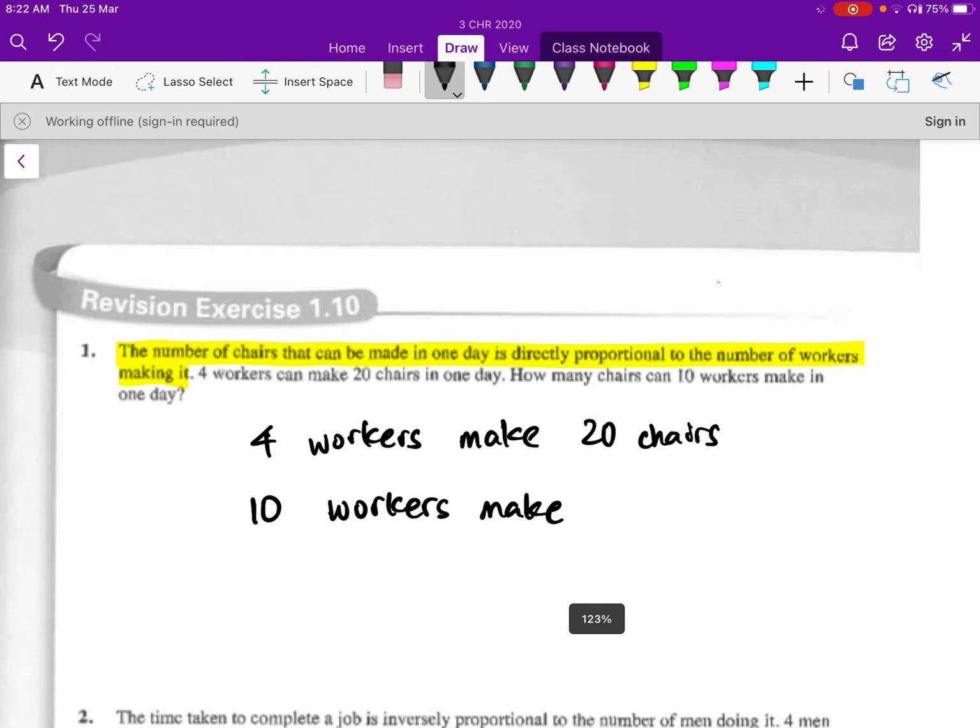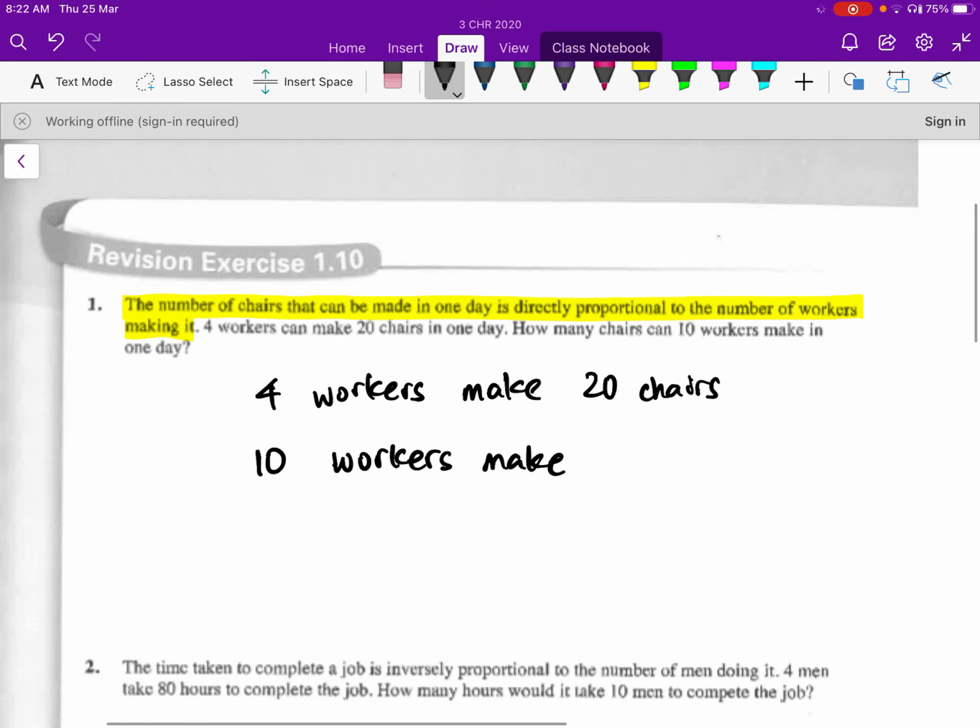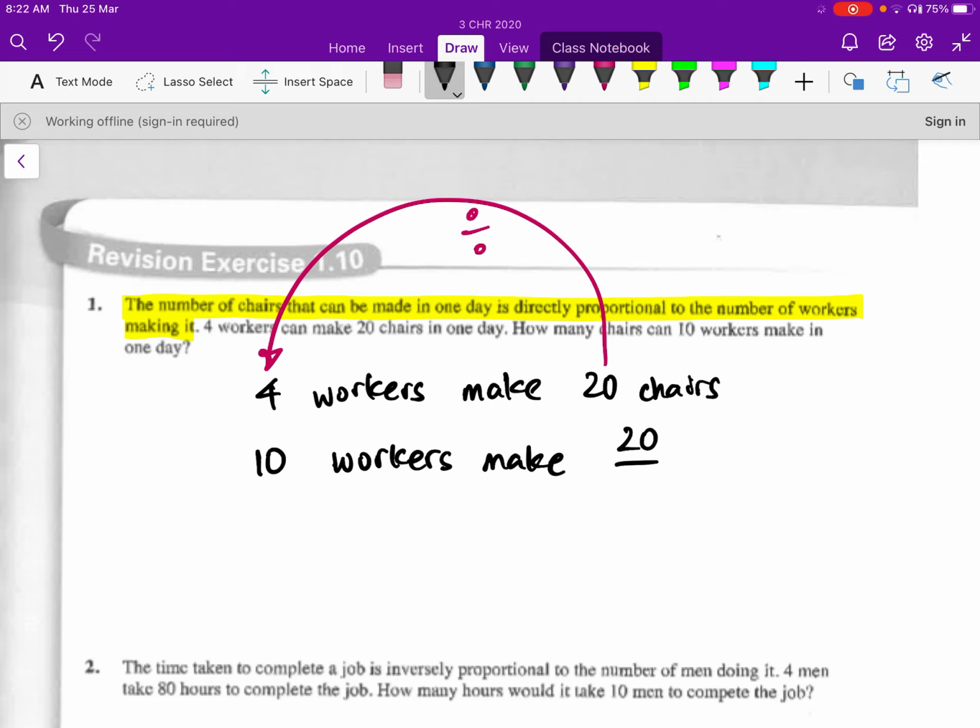What do you think I'm going to do next? Draw the arrow. Divide. So you see, I've been doing this all the time because it is very useful. So this is the division. 20 over 4. But that's not all. We still need to multiply by 10. Times 10. And they can make 50 chairs.